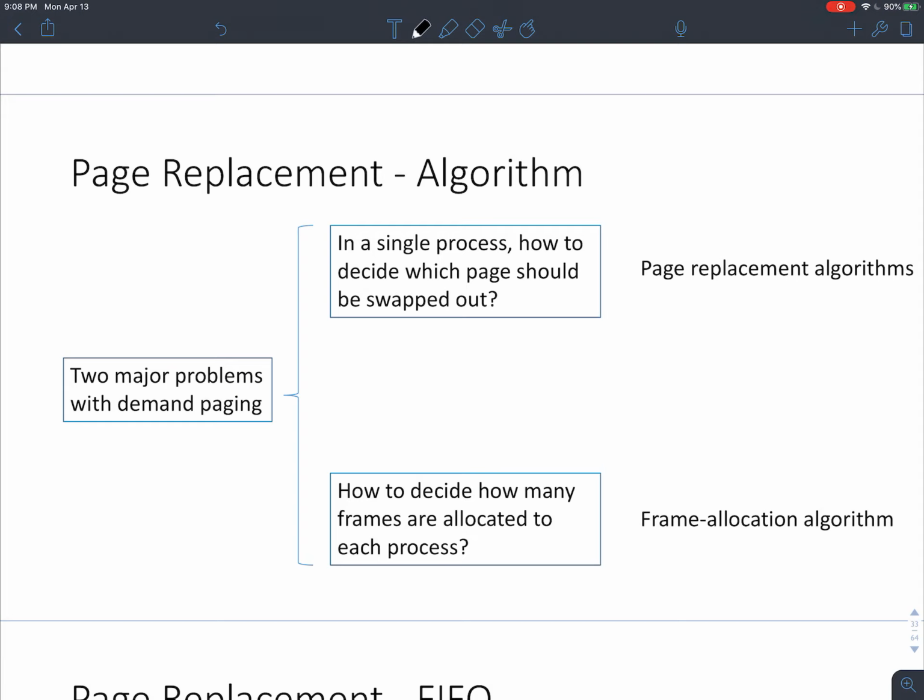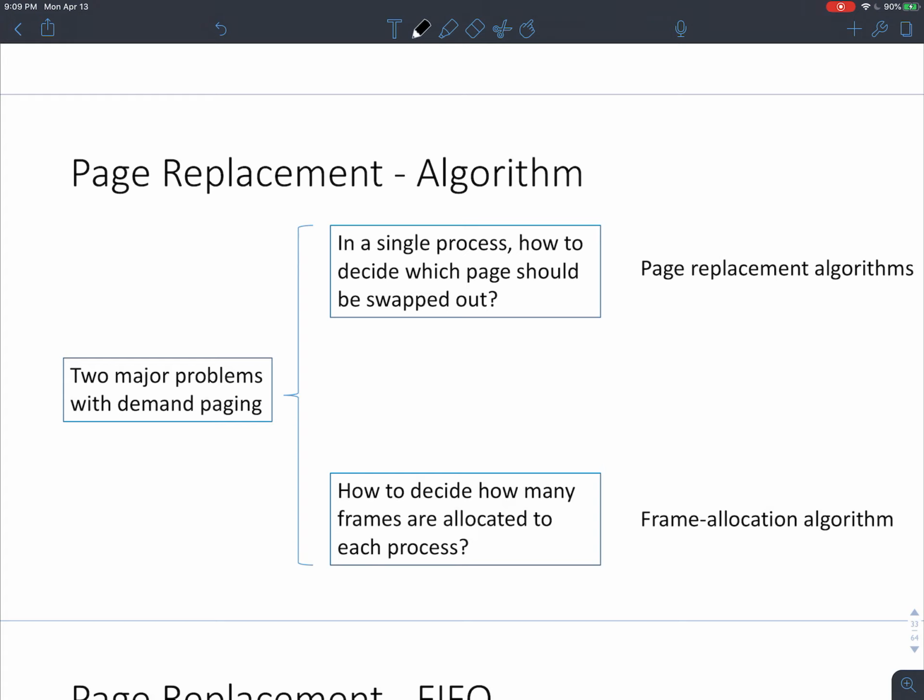There are two problems associated with demand paging. If we want to load pages into physical memory, only one is necessary. There are two questions that need to be answered. The first question is, in a single process, how do we decide which page should be swapped out?